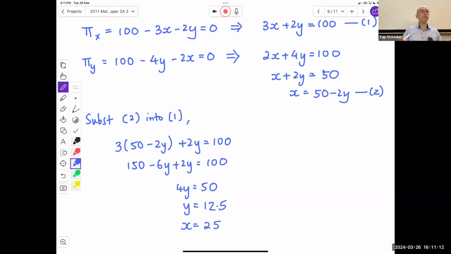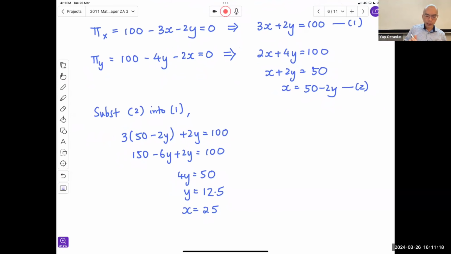Now we need to confirm that it gives us maximum. So to confirm that it gives us maximum, we're going to take the partial derivative of this one more time. The second order partial derivatives. Okay, so the pi xx is minus 3.